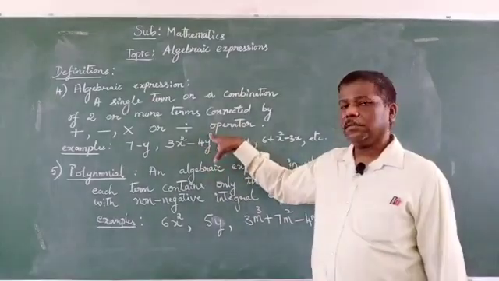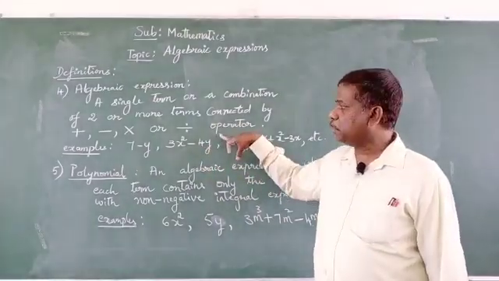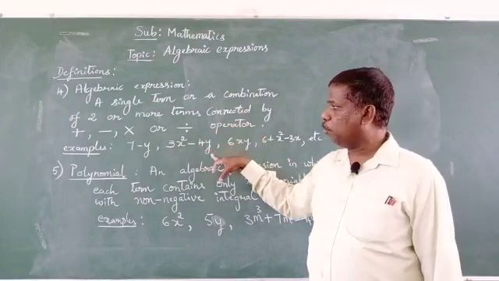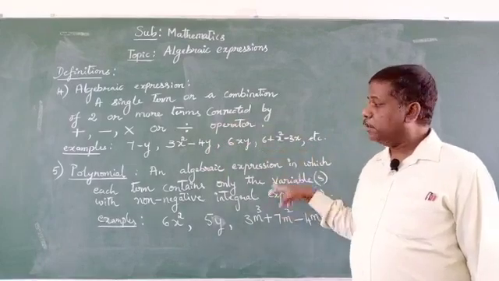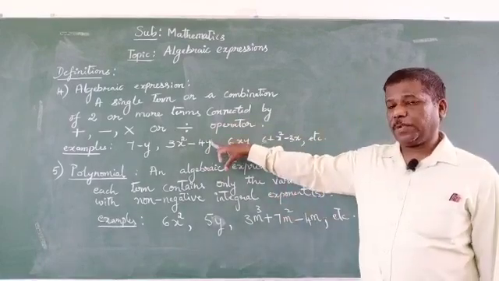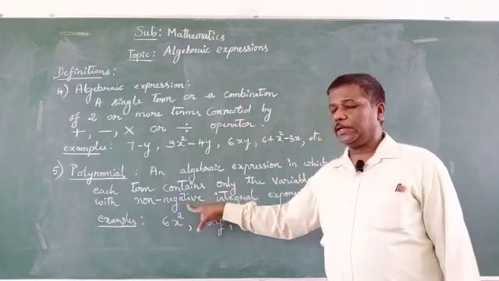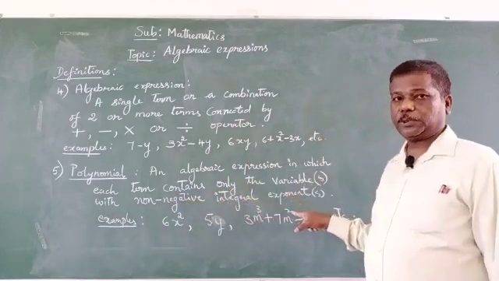Here 4y, y has got power 1. Though it is not seen, it is assumed that there is a power 1. So 4y to the power of 1. 1, which is the power of y, is positive. It is a non-negative integral exponent.